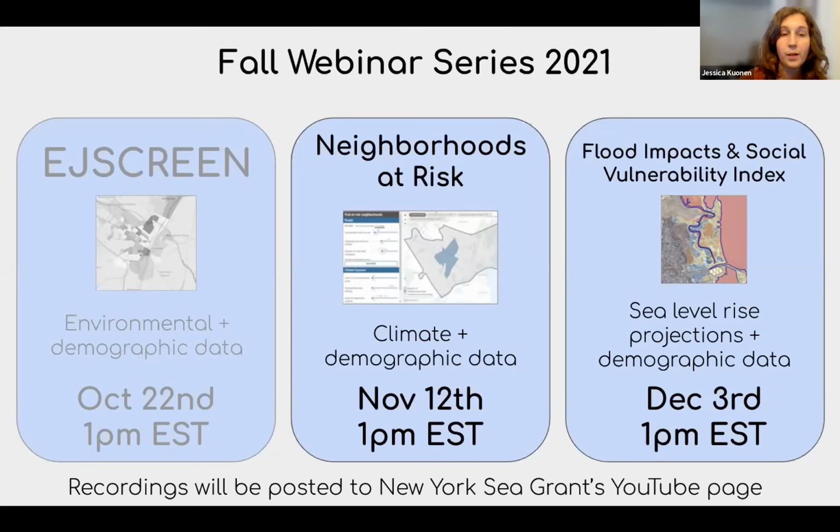Our speakers gave a wonderful overview of environmental justice and the concept of disproportionate impacts that we're going to be building on today, thinking about climate change. I recommend you check that out if you haven't already. Next month, in our final webinar, we're going to learn about recent updates to our regional sea level rise mapper that also displays data from the Social Vulnerability Index.